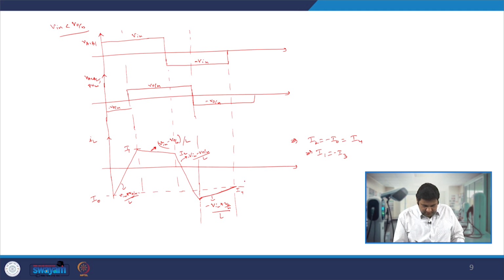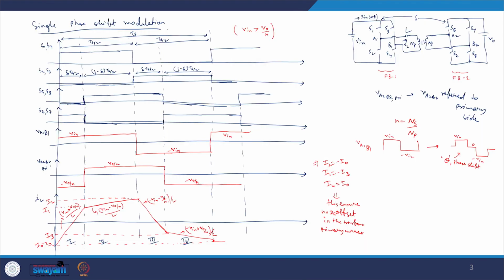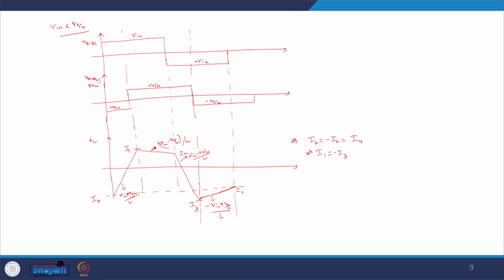When one is falling, the other is rising. So we can then see the current waveform shape. If V in is greater than V naught by N, the shape goes rising, then again rising, then falling, then falling. However, in this case, the shape of the waveform will be rising, then falling, then falling, and then rising.